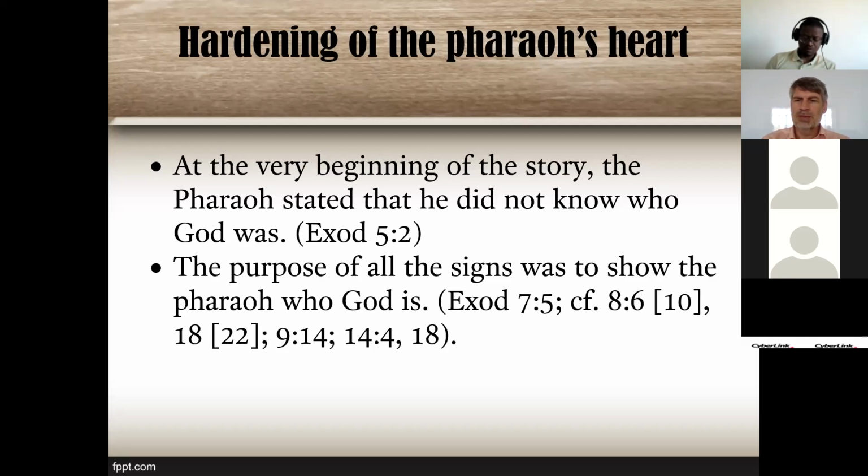He is somewhere behind the stage. What Pharaoh sees, he sees only Moses. Moses and Aaron come and they perform some miracles, but Pharaoh didn't see God. The same is true about the Israelites. What do they see? They see only Moses. They cannot see God.